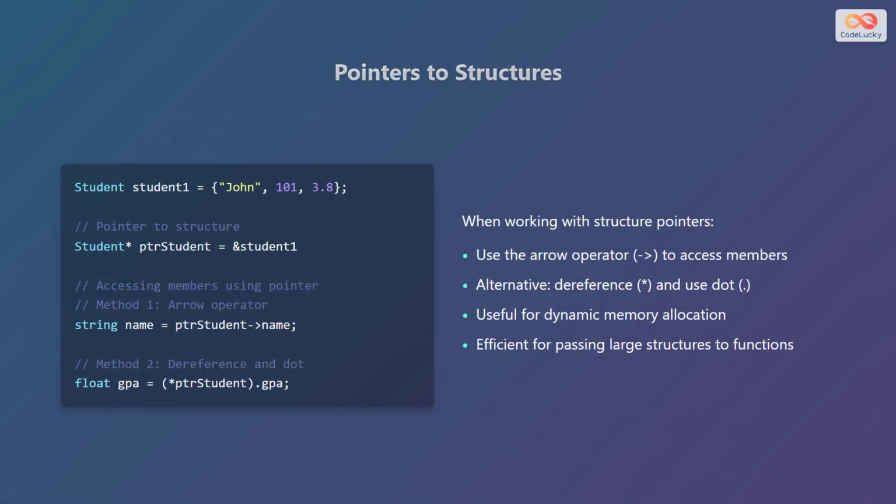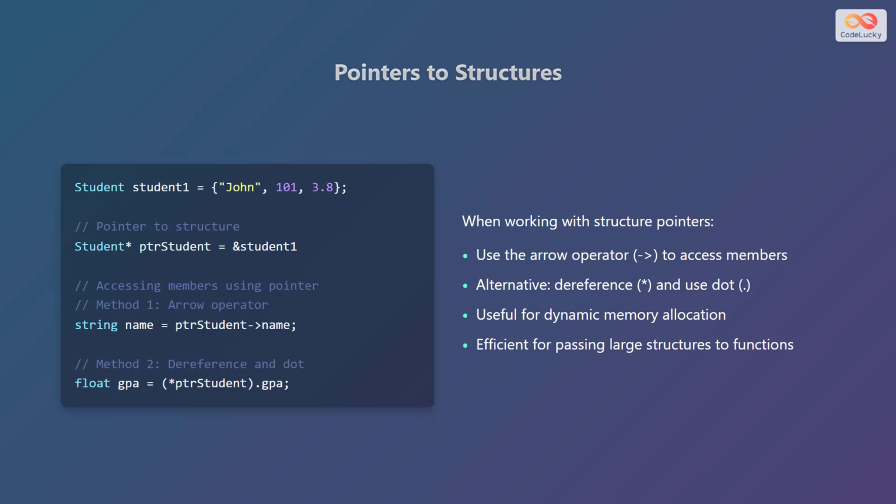You can also create pointers to structures. Here we have a student structure with a string name, integer ID, and a float grade point average. We create a student variable called student1 and initialize its members. Then we create a pointer to the student structure called ptrStudent and assign it the address of student1 using the ampersand operator.